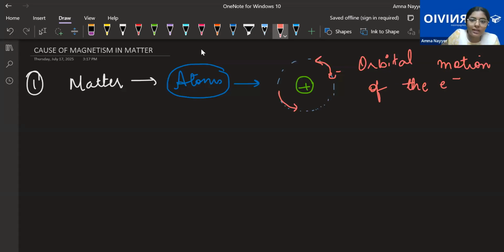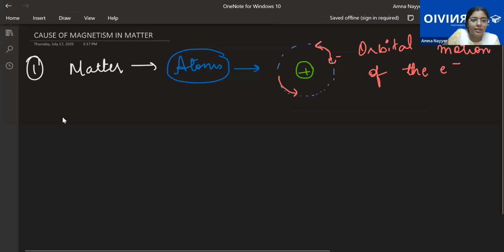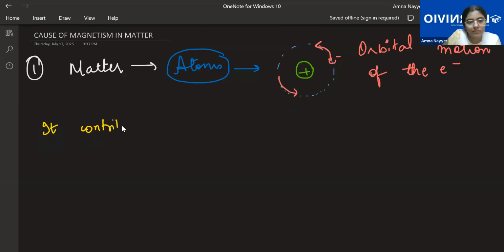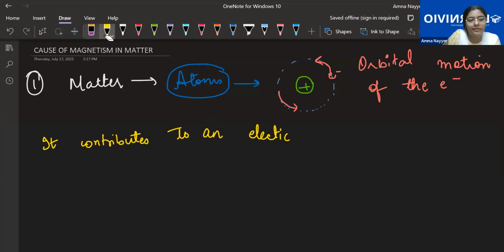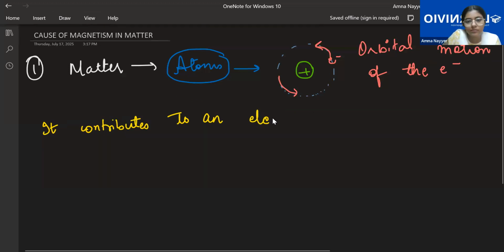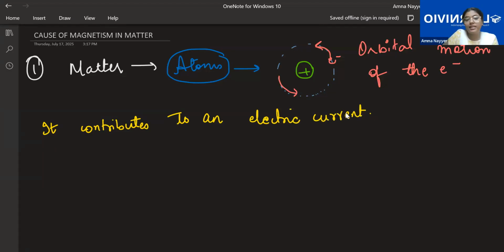Now, when this orbital motion of the electron is there, it contributes to electric current. Now this current behaves like a magnetic dipole. Why?